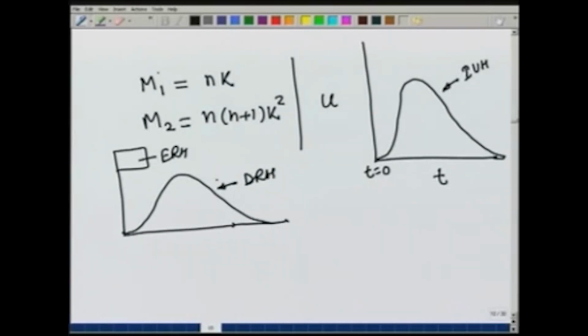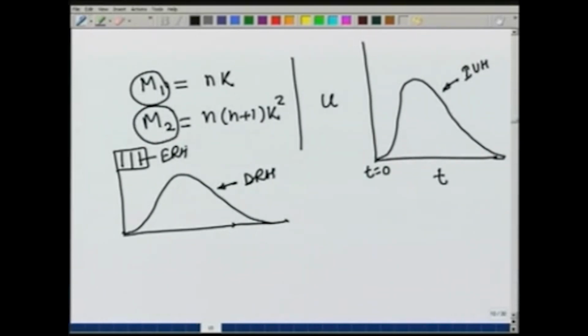So, if we have these ERH and corresponding DRH values, we may find out the moments of these ERH and DRH, and those can be correlated with the moments m1 and m2 of the IUH.